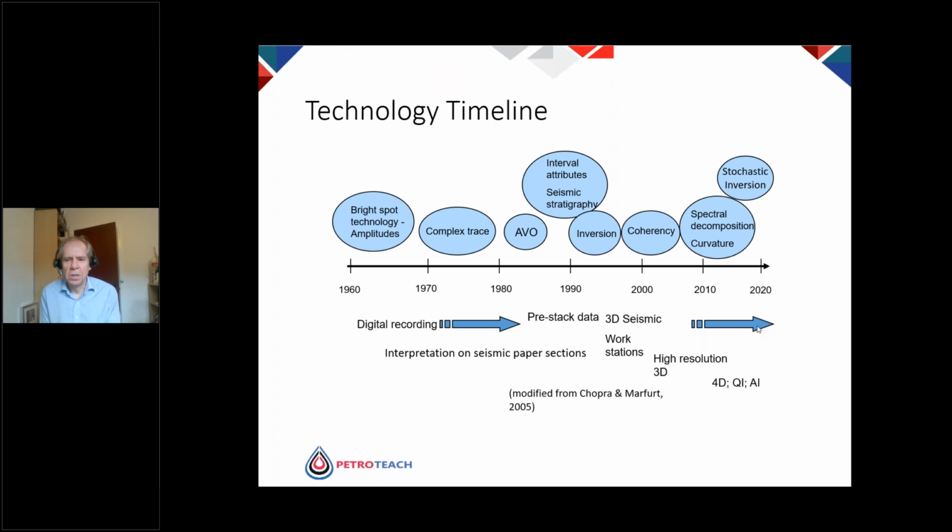The processing guys know what they're supposed to be doing, and they're doing their best to give us true amplitude, so I can try and trust my outputs. Quantitative interpretation is something that is kind of a buzzword, but with legacy data, we can't necessarily be sure that we can use it for QI.